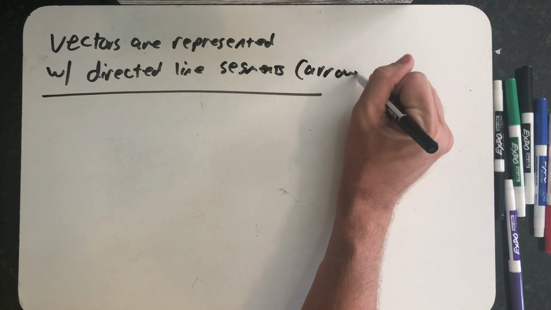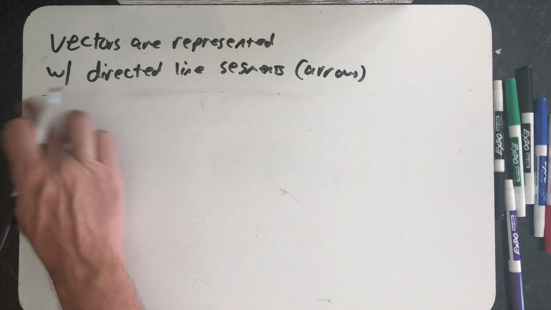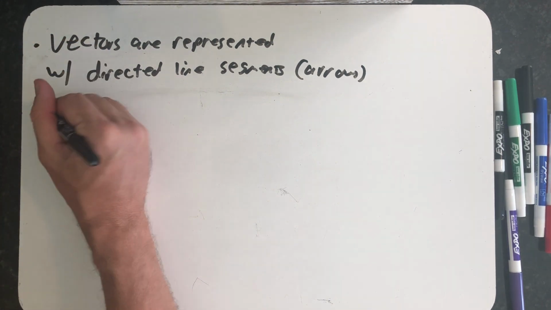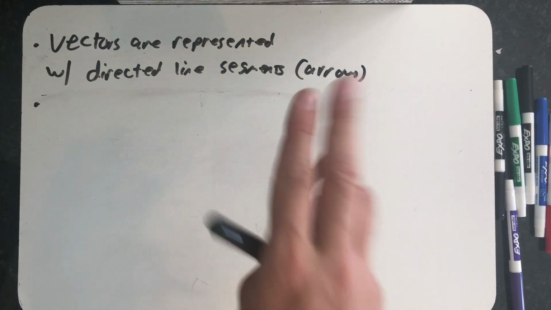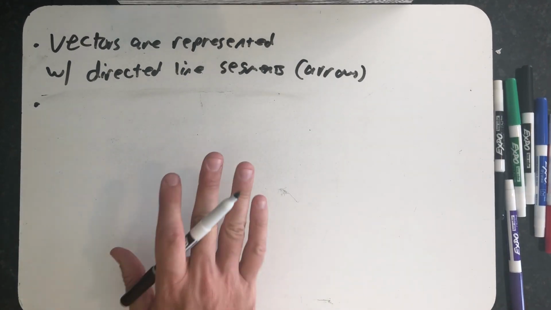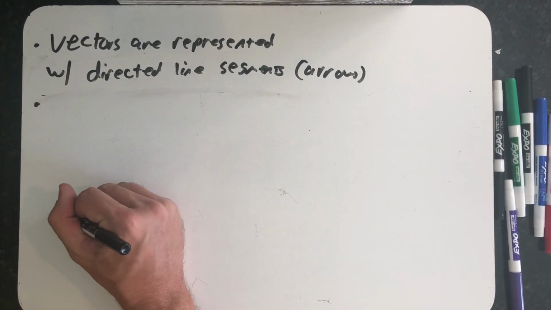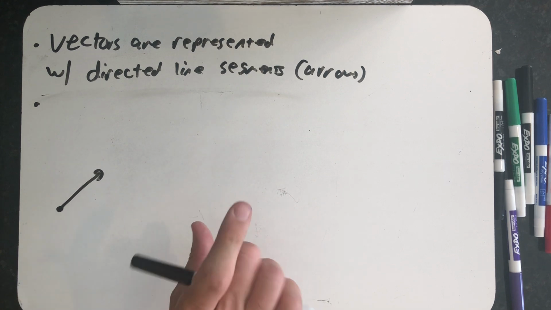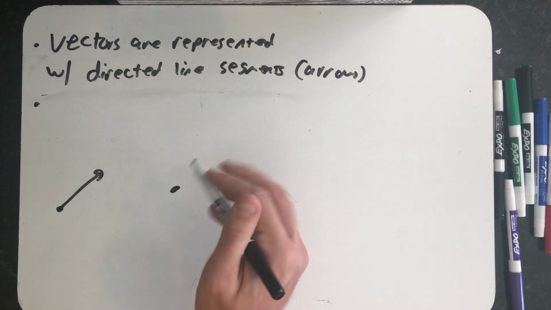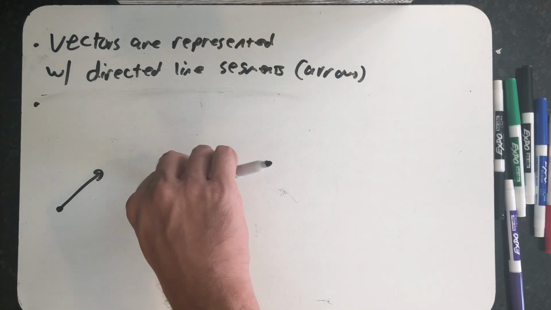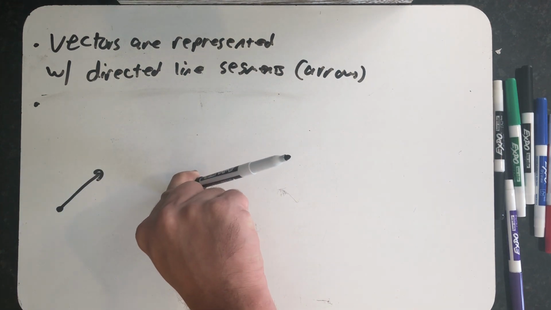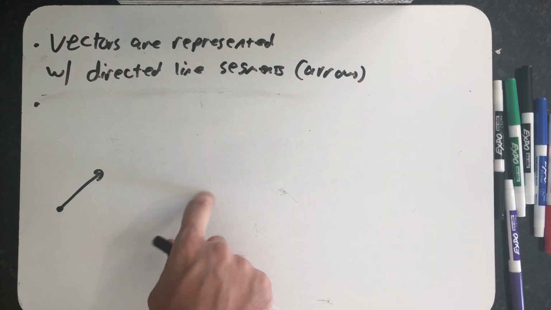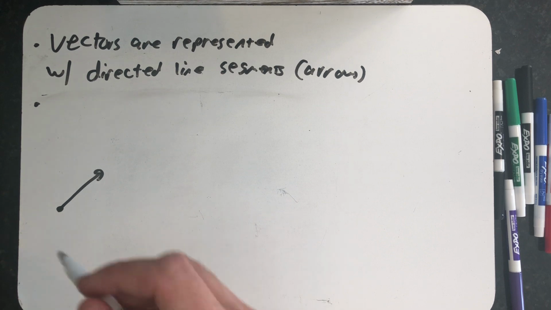So vectors really just arrows. The direction of the vector is literally the direction it's pointing in. Be it a vector in the plane pointing from one point to another, or a vector in space, right? I can imagine a vector that points from here and up at an angle, right? Just like the marker pointing up and away from the board. The magnitude of a vector is its length.